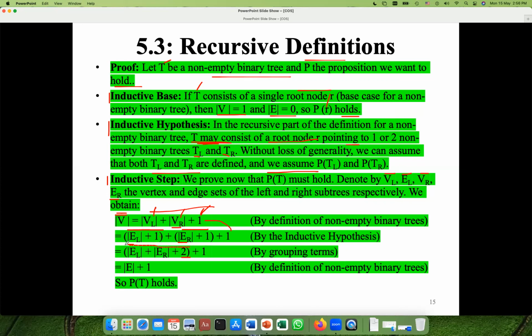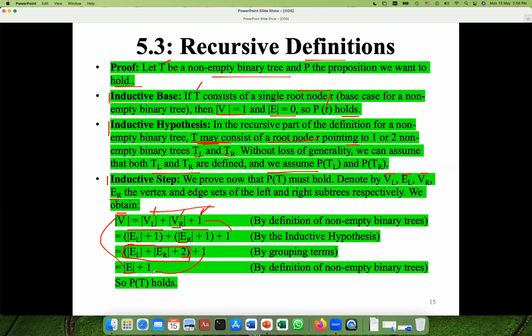These are basically the total number of edges for the tree, which you can write as E, and then plus 1 is just remaining, which now you have. You started with vertices and you have the left hand side.